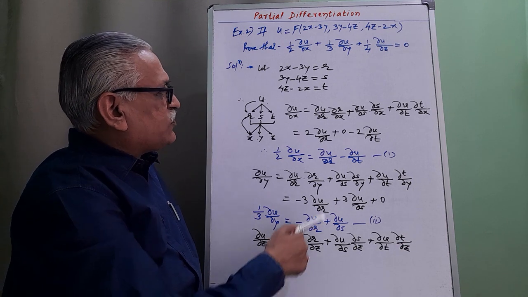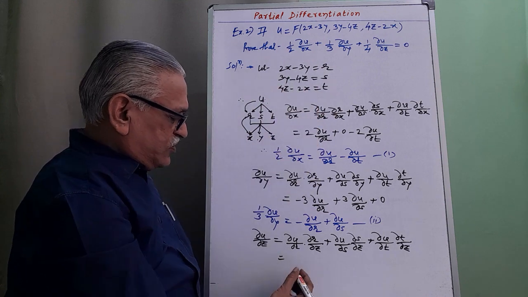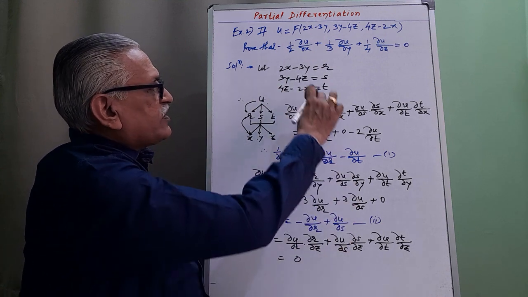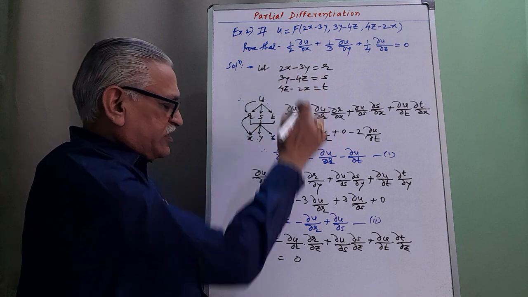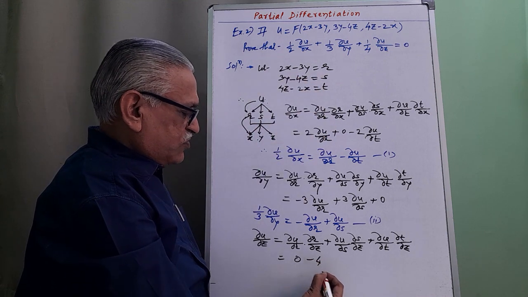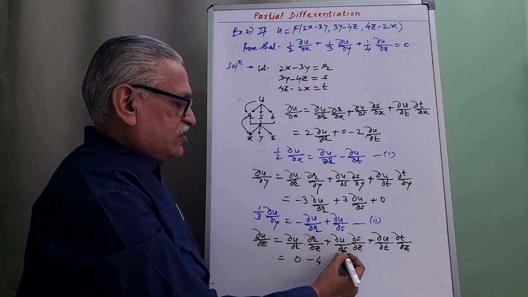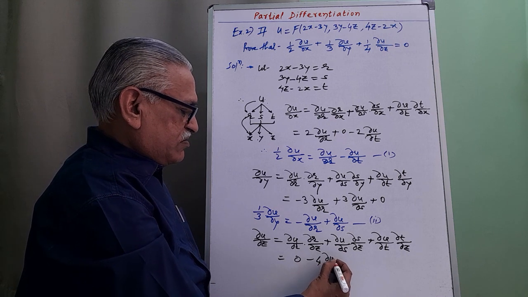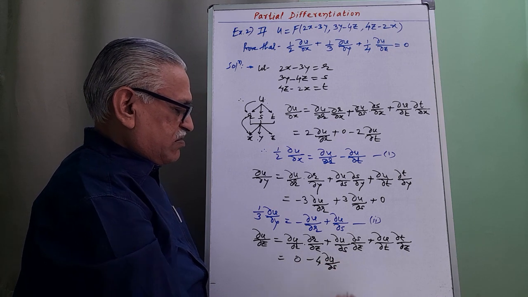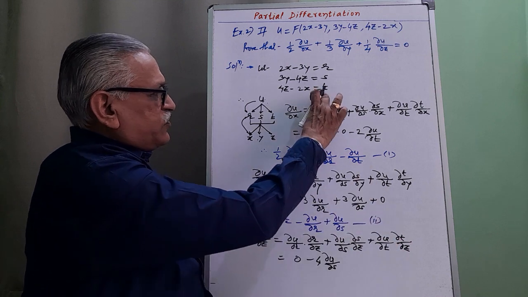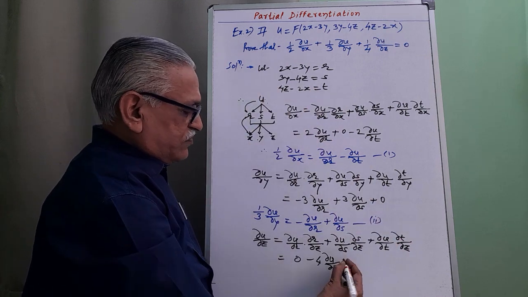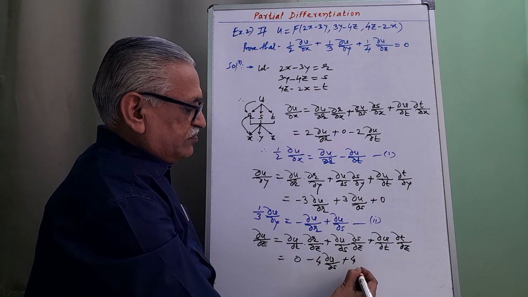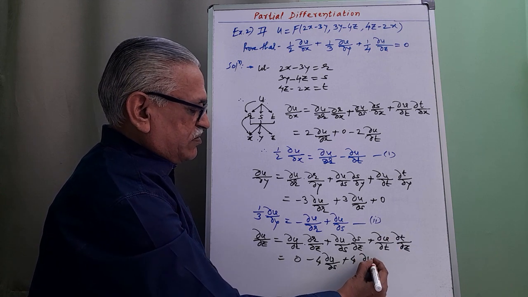Differentiating r with respect to z, the derivative is 0 as no term of z is there. Differentiation of s with respect to z gives minus 4 into dou u by dou s. Differentiating t with respect to z, the derivative is 4 into dou u by dou t.